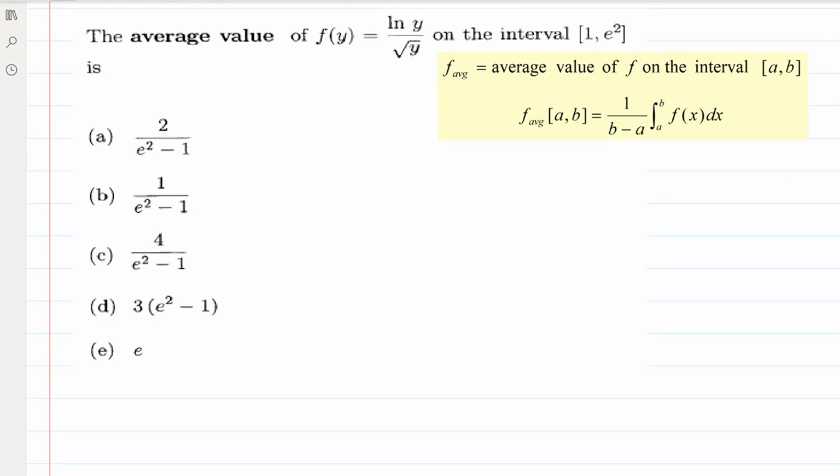Okay, let's see, my student gave the answer C. You need more time? 1.5 minutes. Okay.